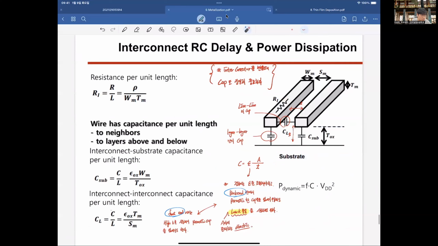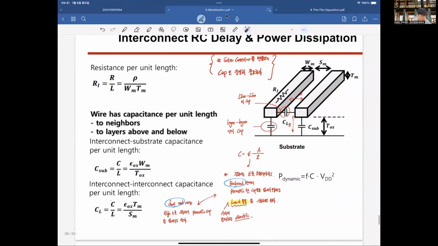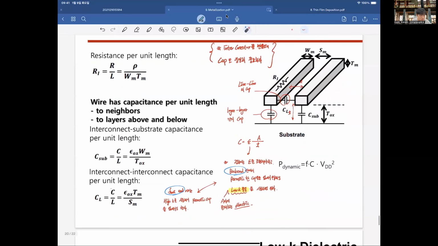And also when we make interconnection between the things, we should consider the RC delay and power dissipation. This is important because it is strongly related with the device's function and performance. You can see layer to layer and line to line have a parasitic capacitance. We have to reduce this capacitance.